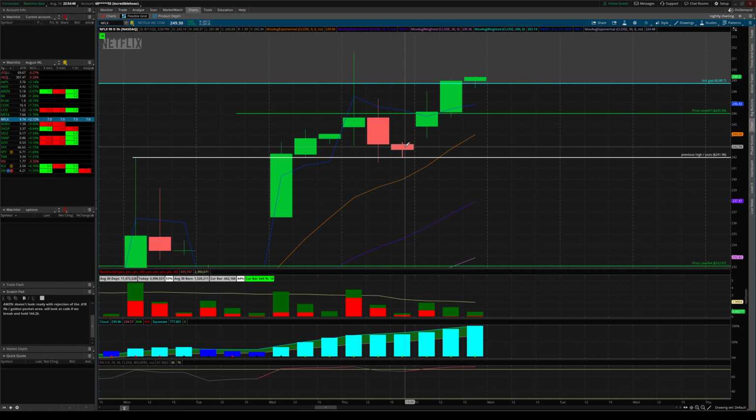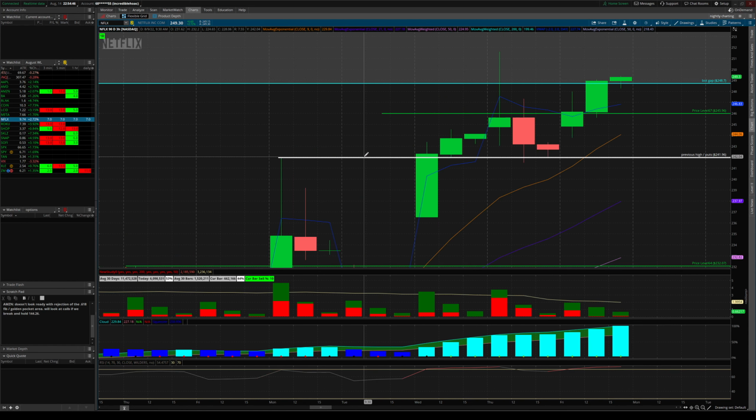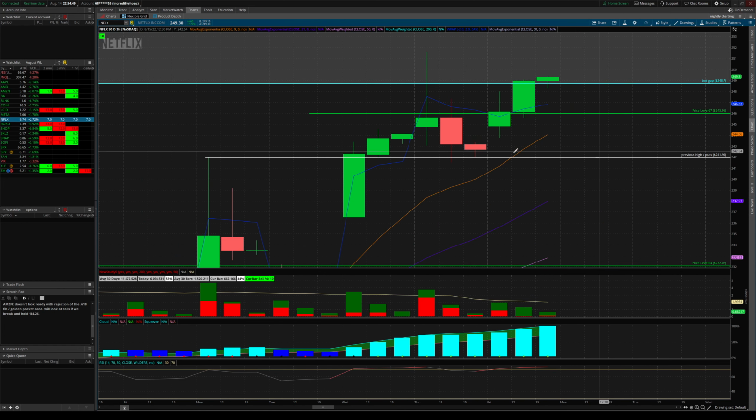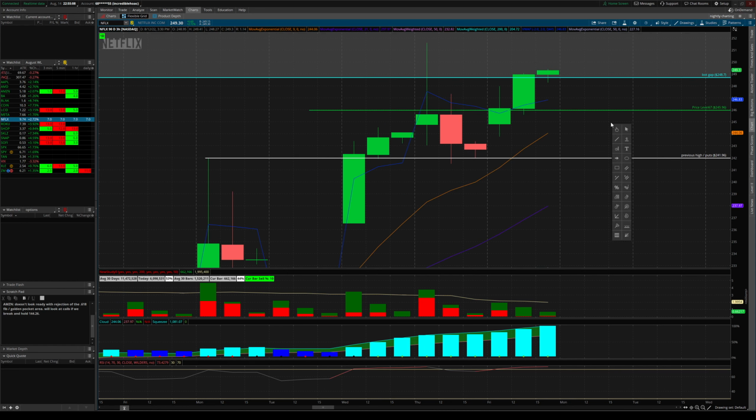And I think I will mark this just because of where this demand zone is forming, right? We're forming right along that previous high where it got rejected at, the 241.96. So now that that level has broken, we have a supply resistance flip, where it was previously resistance and now we are treating it as a support level, right? So let me mark this, and this is the 3 hour.